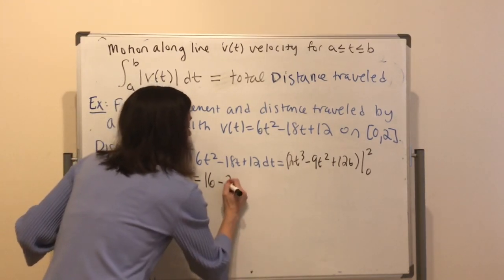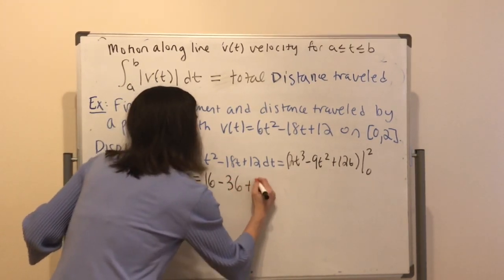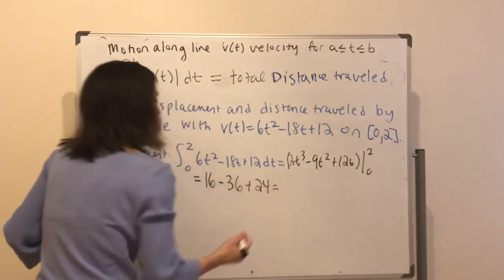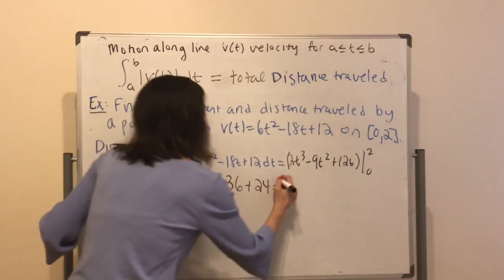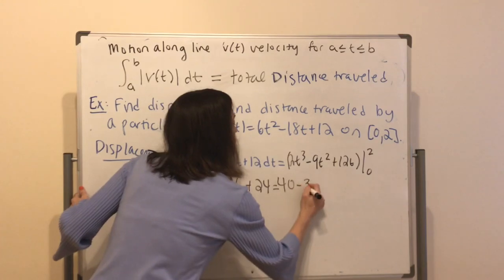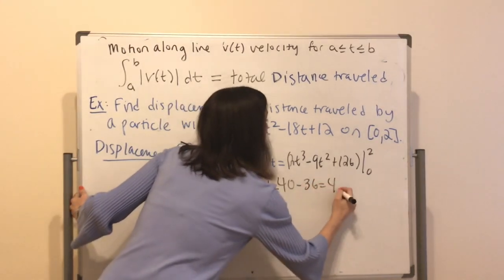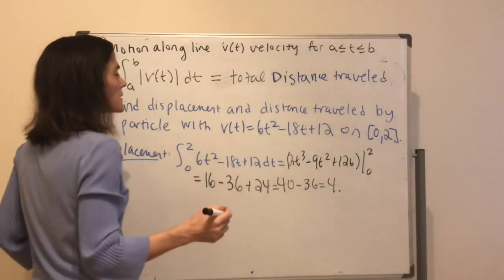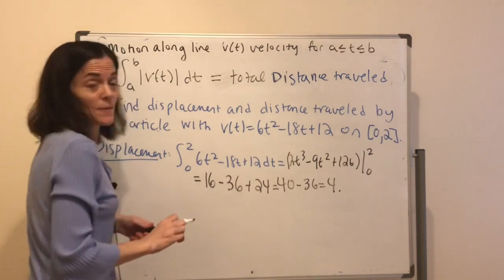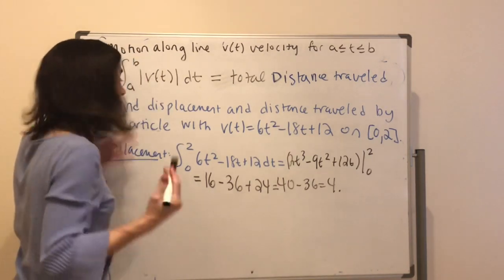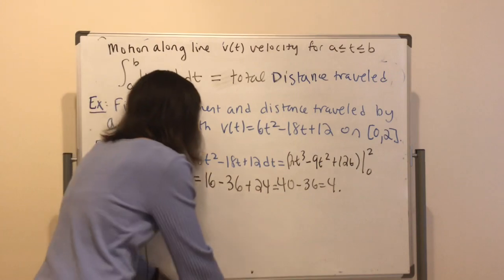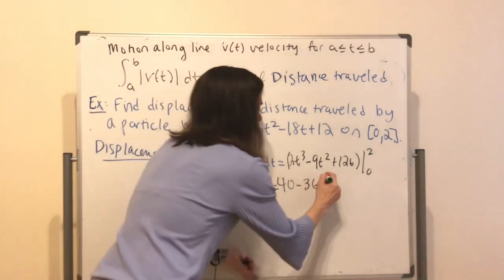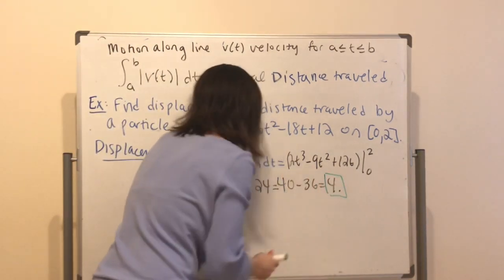So 16 minus 36 plus 24. So we have 40 minus 36, which is going to be 4. And I didn't really give units here. This would be, for example, maybe feet, or maybe meters, or maybe miles, because I didn't give any units. But we do have our displacement is 4.